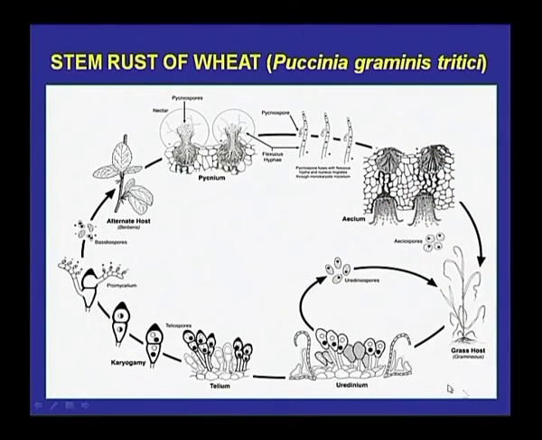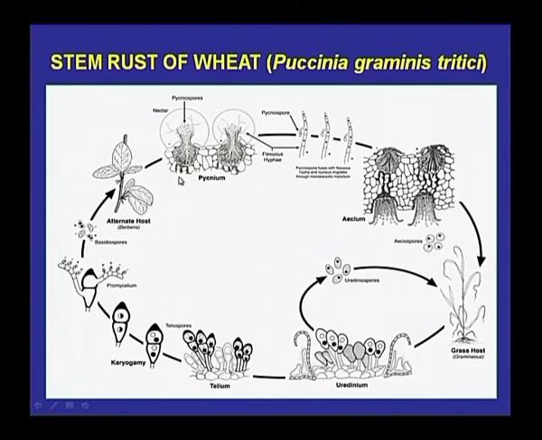So, how does it complete the life cycle? This is the wheat crop, and the uredia are infected with the rust fungus Puccinia. These are the urediospores. After some time they become teliospores. When teliospores germinate, they give the promycelium and some basidiospores are released. They infect the alternate host berberis in the hill region.